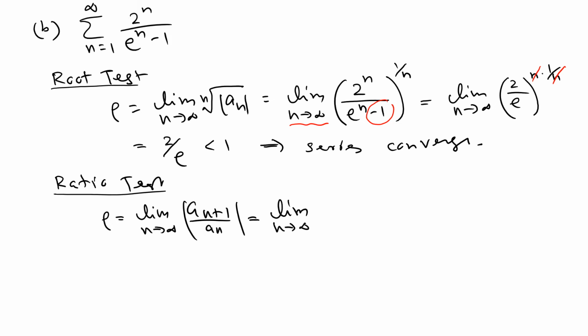If you consider this term is a_n, just replace n by n plus 1. Since these are positive, we can ignore the absolute sign. So we have 2^(n+1) over e^((n+1)-1), and then we are dividing, so you can make it upside down: e^(n-1) over 2^n. That's what you get.